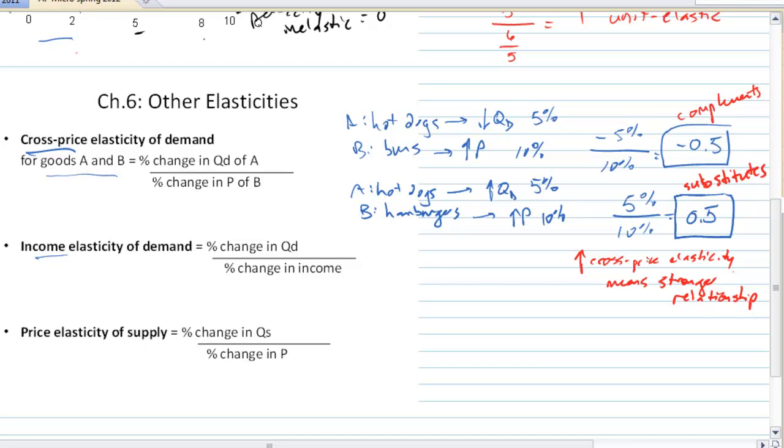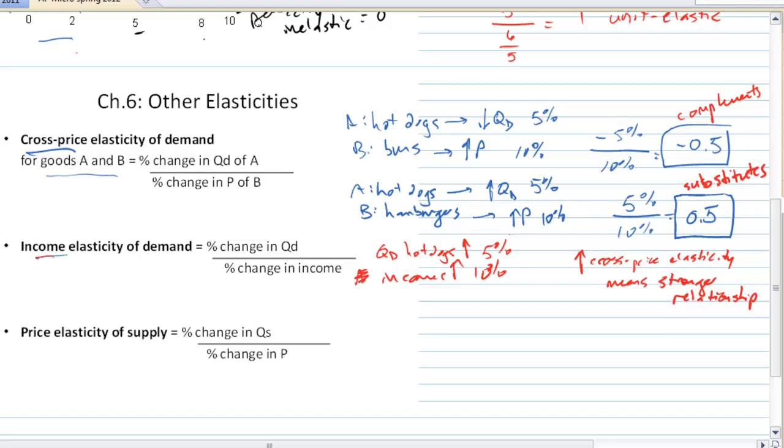Okay, another kind of elasticity we can use is called income elasticity of demand. This has to do with how a person's or how the market's purchasing of a good responds to changes in their incomes. So again, let's go to hot dogs. Say that if people's incomes increase by 10%, the quantity demanded of hot dogs increases by 5%.